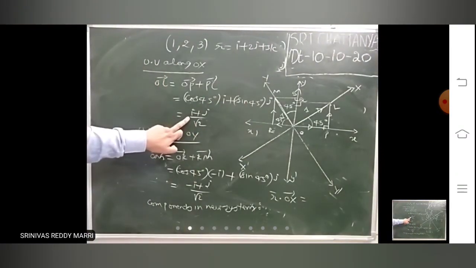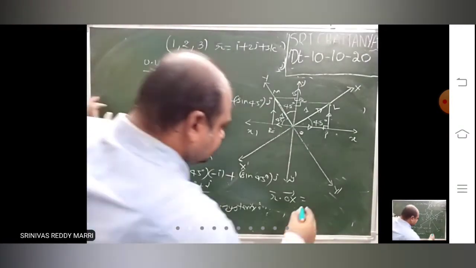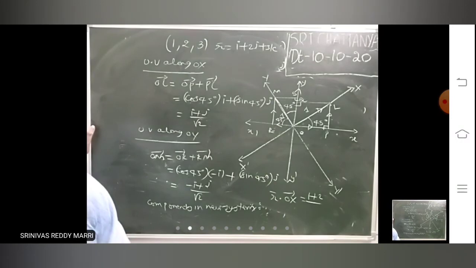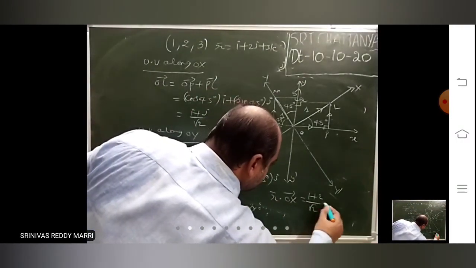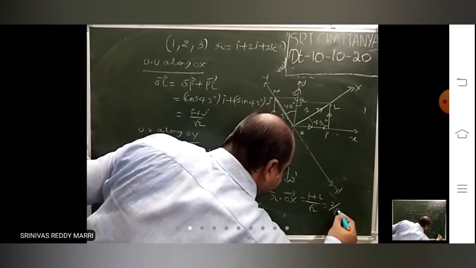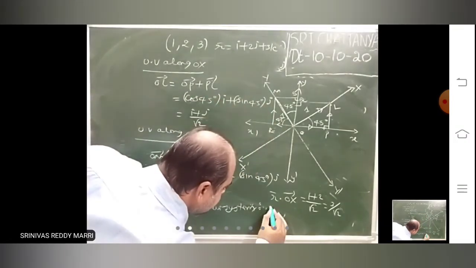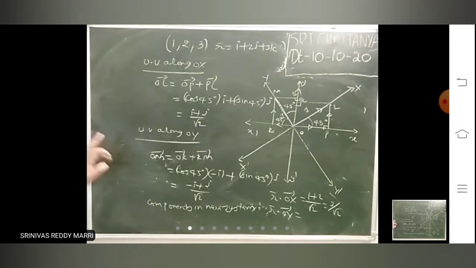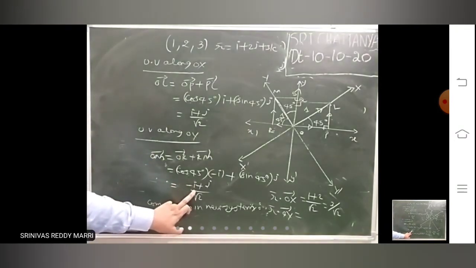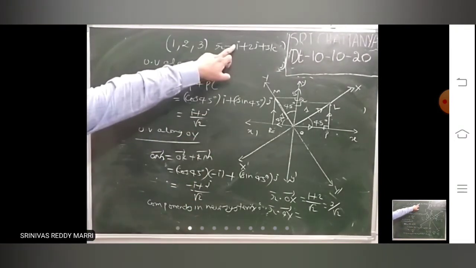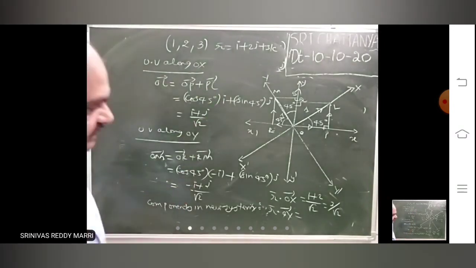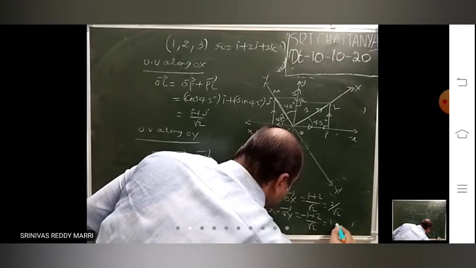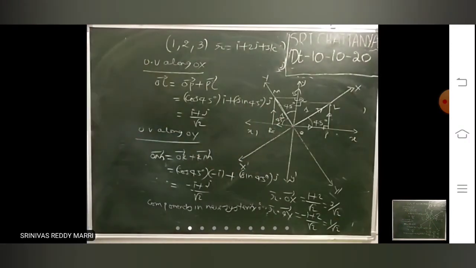R bar dot this, what you will get? 1 plus 2 divided by root 2. That means new x component will be 3 by root 2. Now new y component will be R bar dot along OY bar. This is the unit vector. That means minus 1 plus 2, so this is 1 by root 2.